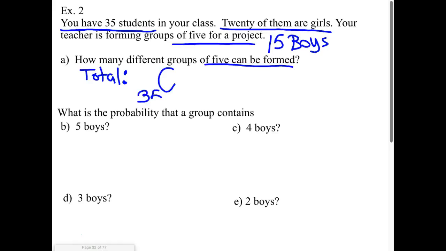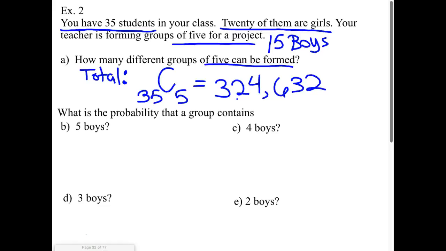We have 35 people, and we're picking 5. When we plug this into our calculator, we get 324,632. We're going to be using this number on the bottom as our total in a lot of our problems.